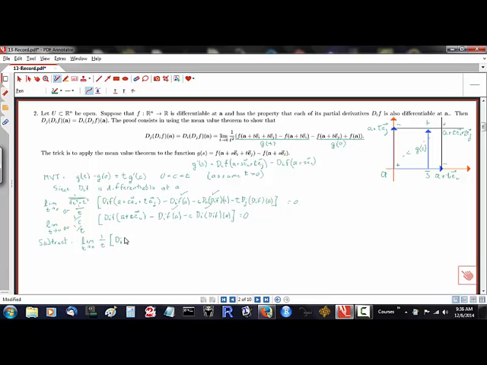So I have the ith partial derivative evaluated at a plus c e sub i plus t e sub j minus that same ith partial derivative evaluated at a plus c times e sub i.